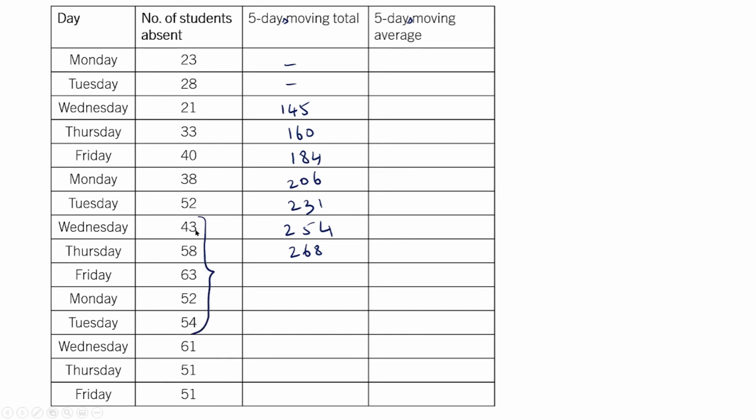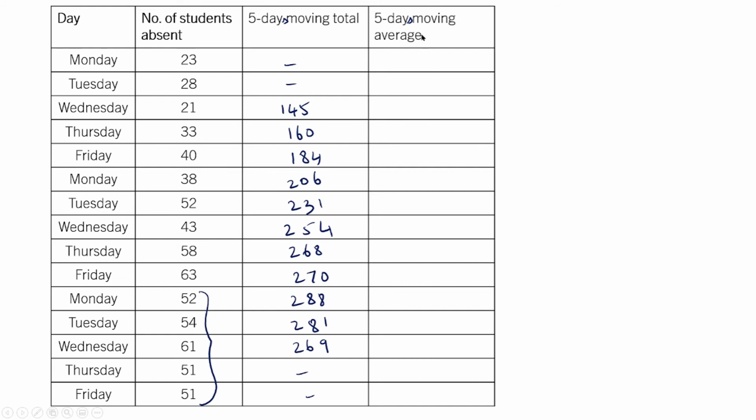So we have to add 43, 58, 63, 52, 54. So it is 270. Then the next 5, 288. When we add all these, we get 281. And now we have reached the last data. So when we add all these, we get 269.